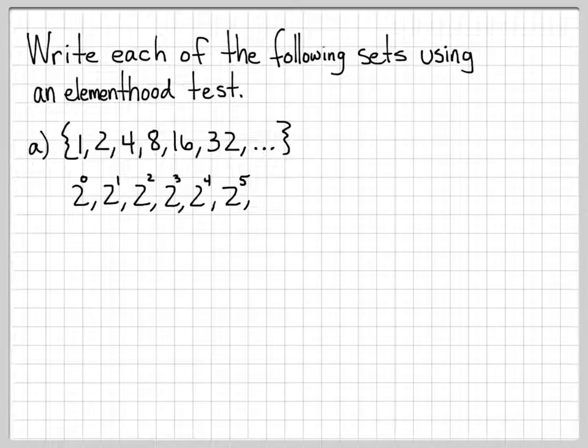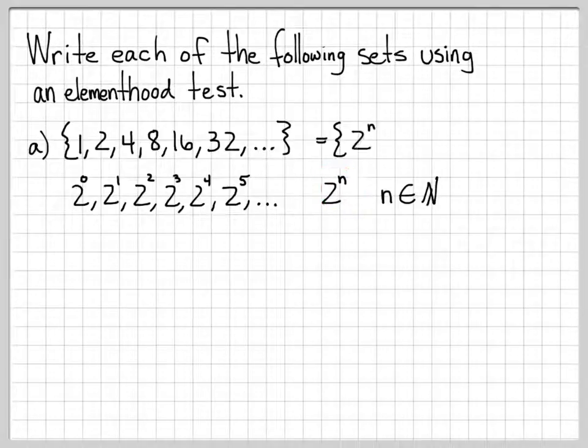So this original set has a very nice pattern. It's just 2 raised to some integer. So we can go ahead and write that using an Elementhood test very compactly. In general, each one of these elements has the form 2 to the n, where n is a natural number, because the natural numbers consist of all the integers 0, 1, 2, 3, 4, etc. So once I identify this pattern, I can write that as my set.